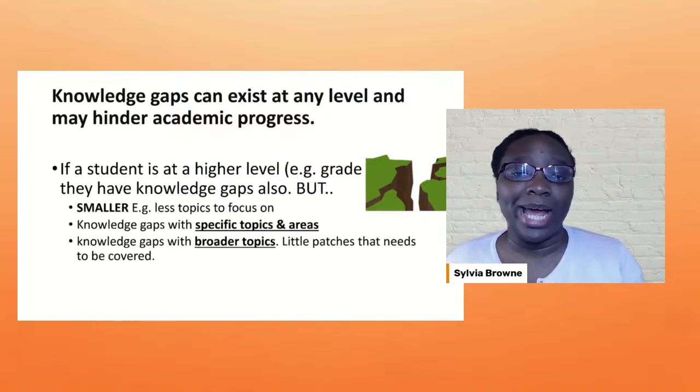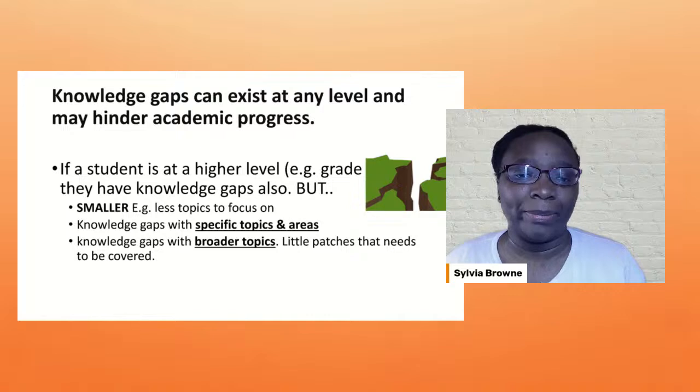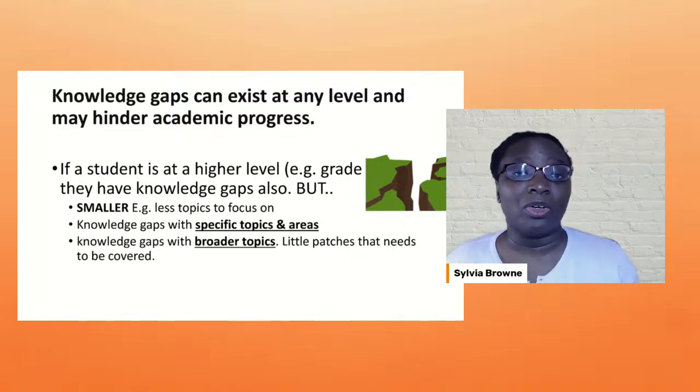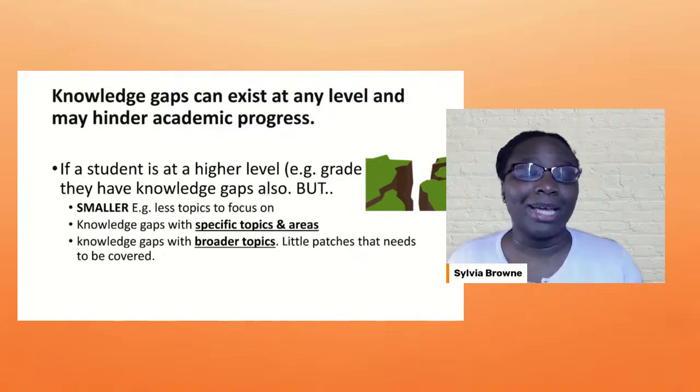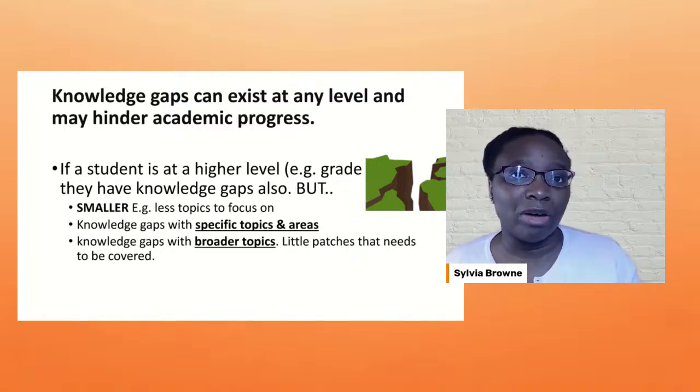If a child is working at a higher level, say maybe a grade 6 or a grade 7, they also have knowledge gaps, but it's just that those knowledge gaps present differently. So they might have smaller knowledge gaps. And what I mean by that is that they would probably have fewer topics that they need to focus on. They would probably have more specific topics, so depending on their strengths and weaknesses, there might be some areas.